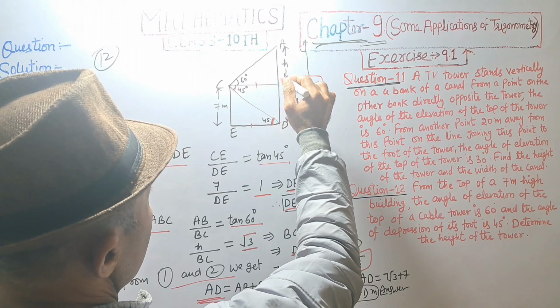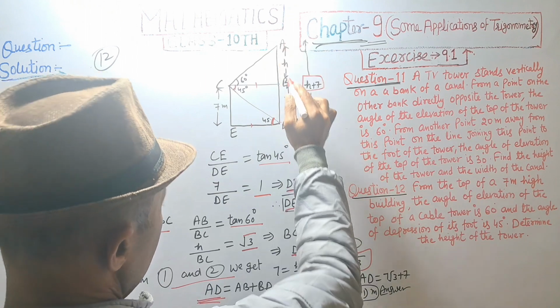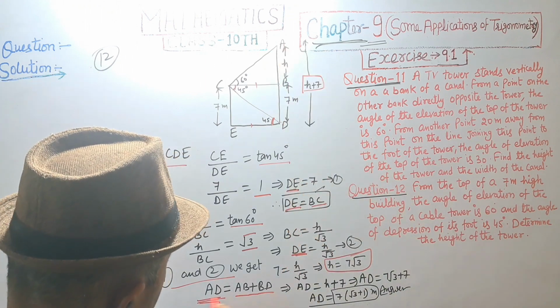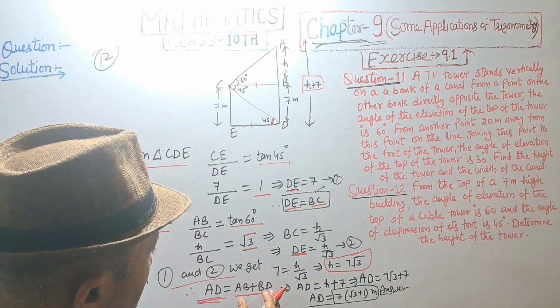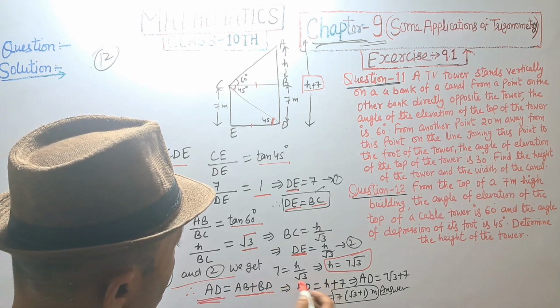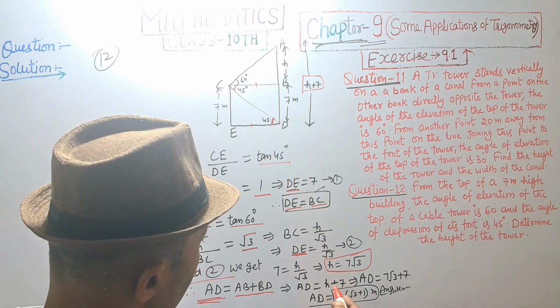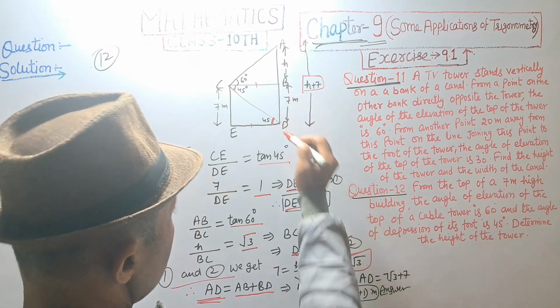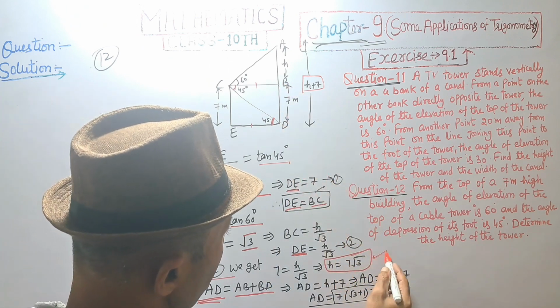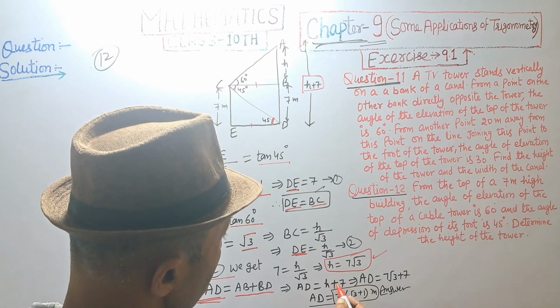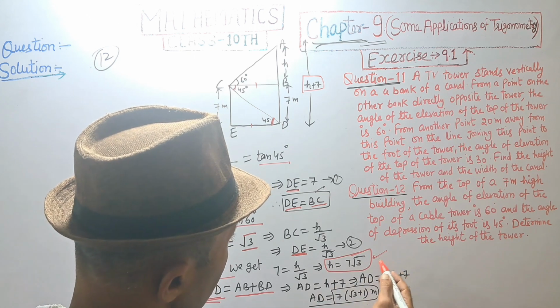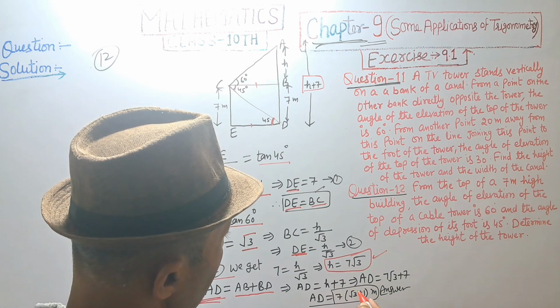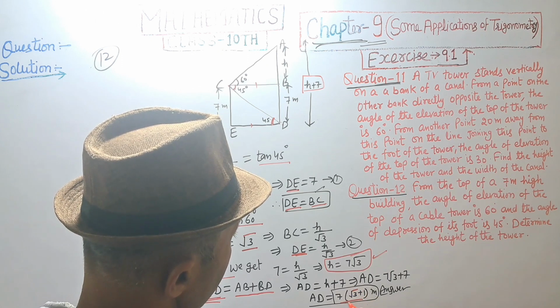AD is equal to AB plus BD. AD is equal to AB which is H, and BD is 7. The value of H is 7 root 3 plus 7. Taking common 7, in brackets root 3 plus 1 meters.